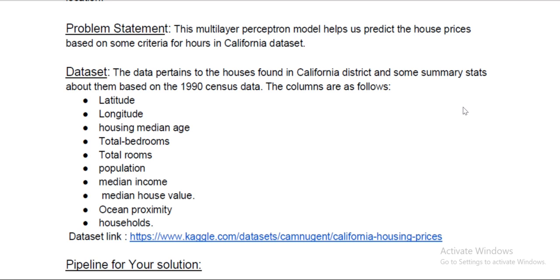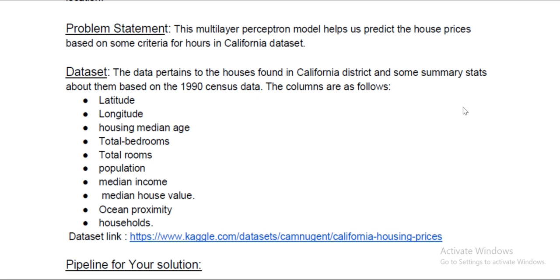It is as per 1990 census data, wherein for California it mentions the location with respect to latitude, longitude, housing median age, number of bedrooms, population, total number of rooms, the median income, median house value, the proximity from the ocean, and different types of households that are present. All of these are the criteria included in your data set.